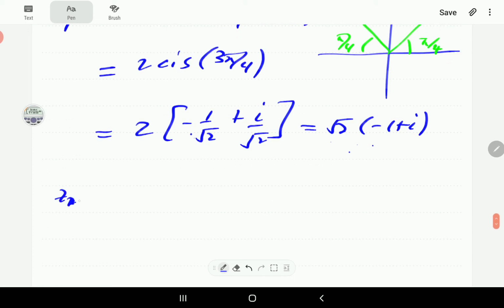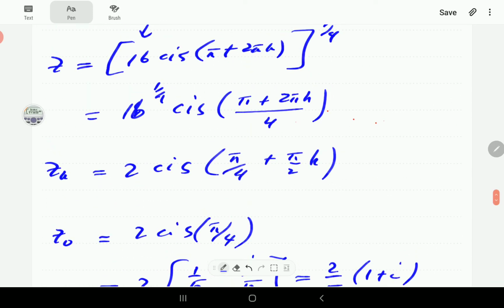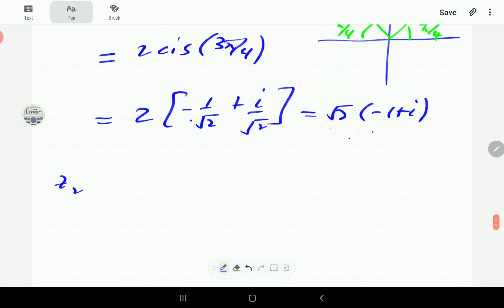Then when k is 2, going back to our formula here, that formula is going to give us 2 cis pi on 4 plus pi.